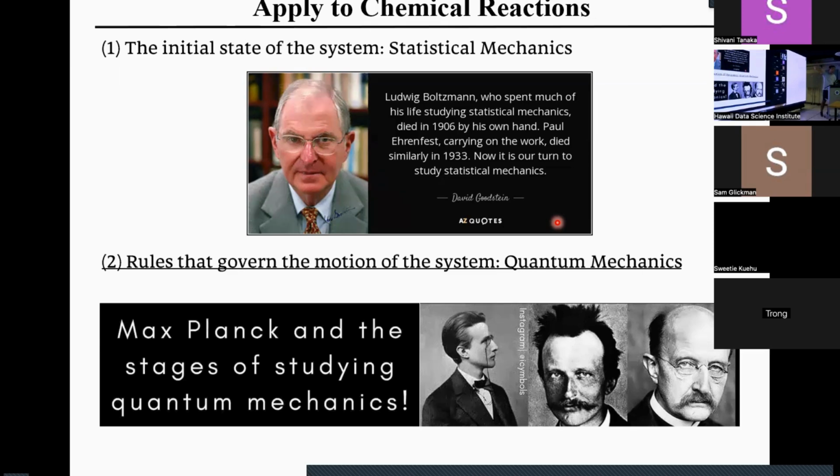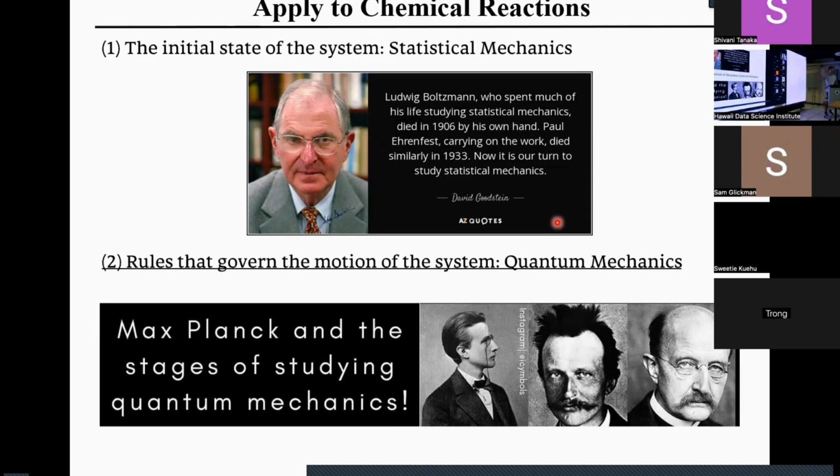He said, Boltzmann, you have probably heard of this guy's name, we use the Boltzmann constant, that's named after him. He said, Boltzmann, who spent much of his life studying statistical mechanics, died in 1906 by his own hand. Then Paul Ehrenfest, another very prominent physical chemist, carried on the work, and died similarly in 1933. Now it is our turn to study statistical mechanics.